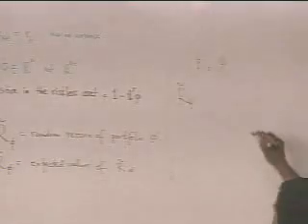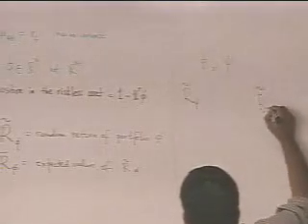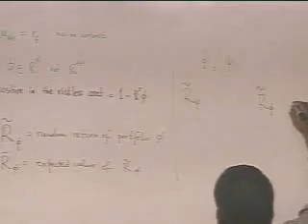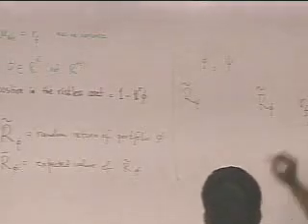So R tilde psi is a random quantity, that's the random return on the portfolio psi. R tilde phi is the random return on the portfolio phi. And I also have another portfolio which always invests everything into the risk-free rate.